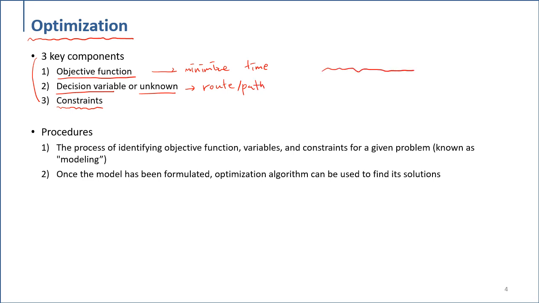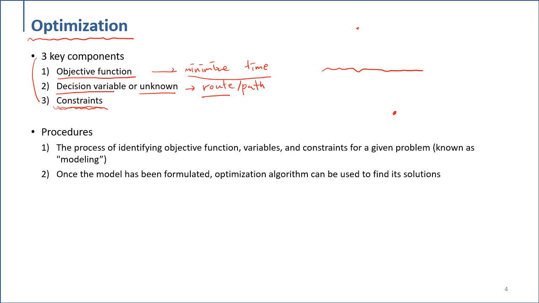So from the lifeguard to the person who wants to be rescued, we need to find the proper optimized route that can minimize the time for saving. And in this example, there is no constraint.